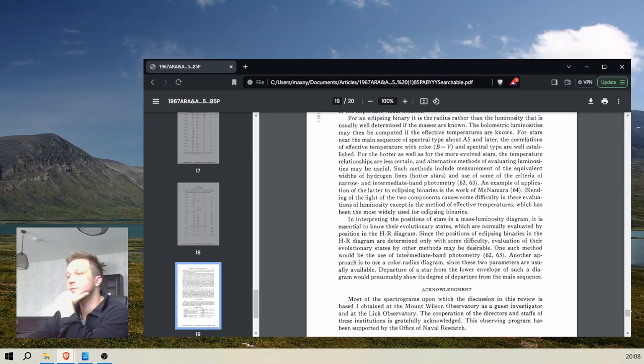One such method would be the use of intermediate band photometry. Another approach is to use the color-radius diagram, since these two parameters are usually available. Departure of a star from the lower envelope of such a diagram would presumably show its degree of departure from the main sequence.